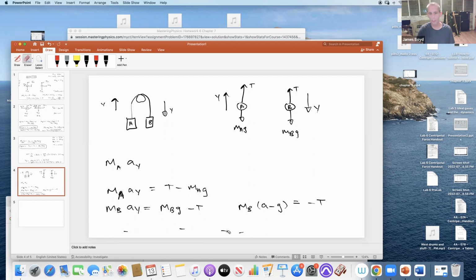All I did there was move that over. Then m_A (a plus g) is equal to the tension.